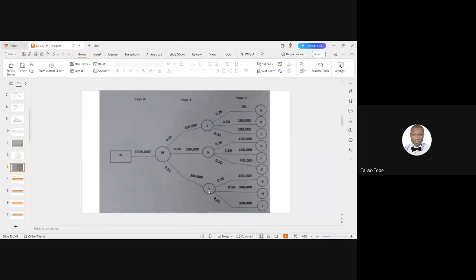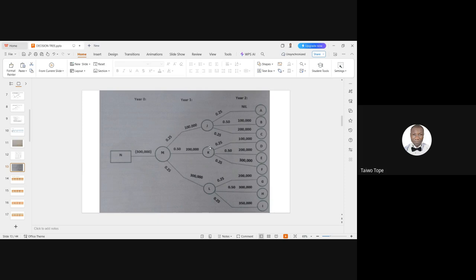For L is what? 210,175. What will be the next thing? The associated probability in relation to L is what? 0.25.